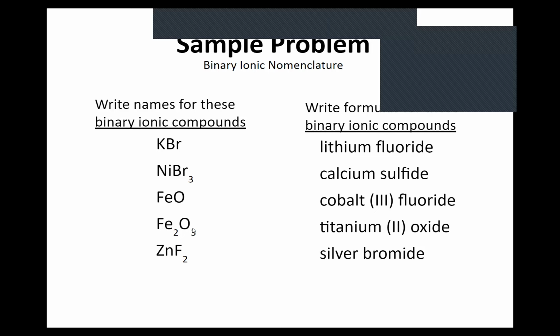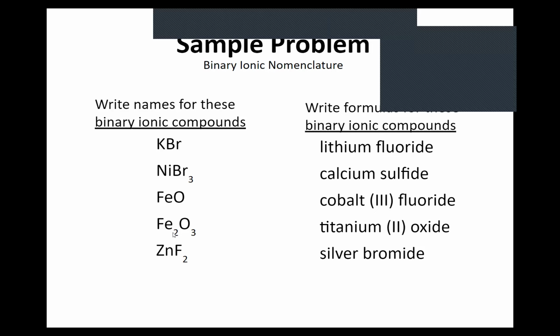It's always got the -2 charge. I'm going to do a little bit of mental math here. Three atoms that are each double negative gives a total of 6 units of negative charge. That means that the iron, in order to make a neutral ionic compound, had to have provided 6 units of positive charge.